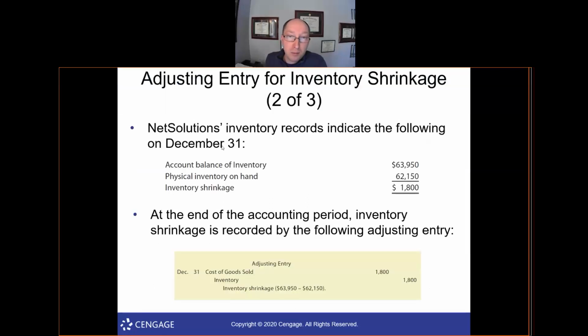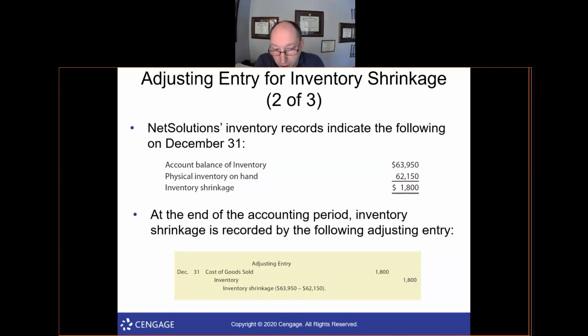And this is done in both the perpetual and the periodic systems. So here's an example of the record that we need to make. The account balance of inventory shows $63,950. We did a physical count and we only found $62,150. That leaves an inventory shrinkage of 1,800.